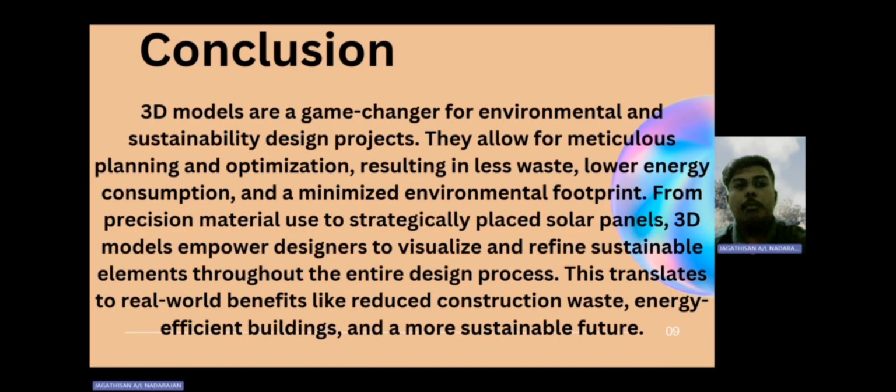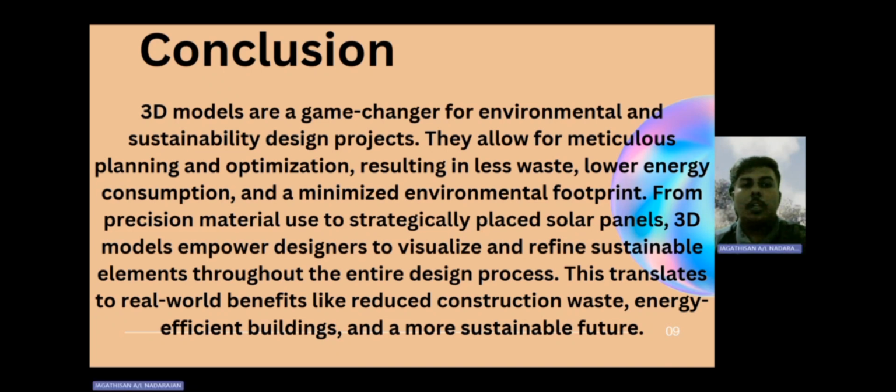Conclusion: 3D models are a game changer for environmental and sustainability design projects. They allow for meticulous planning and optimization, resulting in less waste, lower energy consumption, and a minimized environmental footprint.